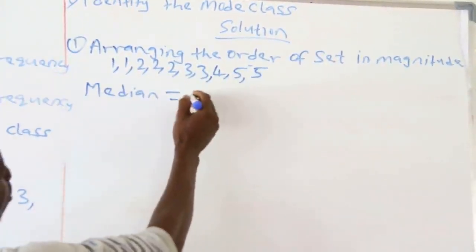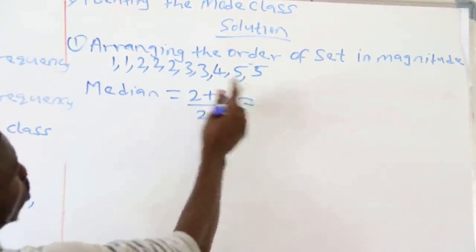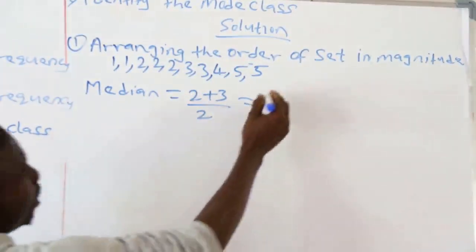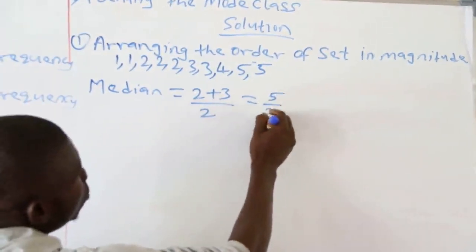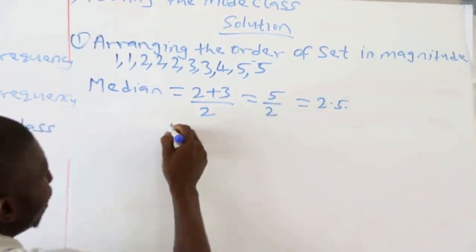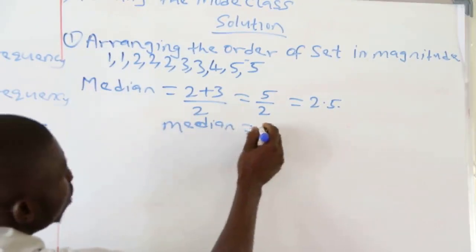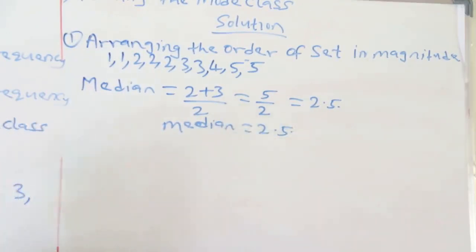How are we going to do that? We are going to do 2 plus 3 divided by 2. What is 2 plus 3? It is 5. That's 5 divided by 2. Now this one will give us 2.5. So our median is equal to 2.5.